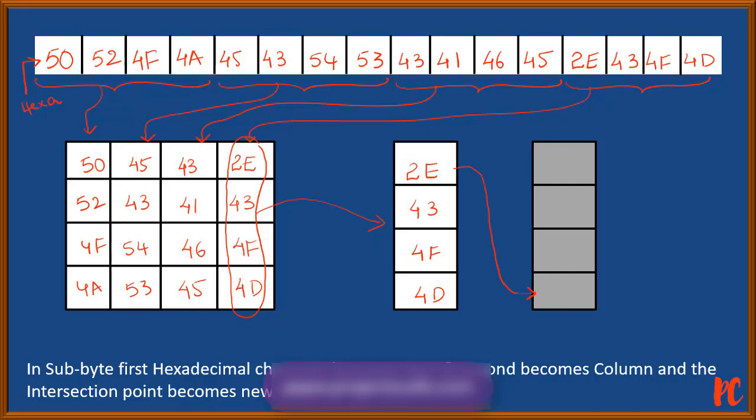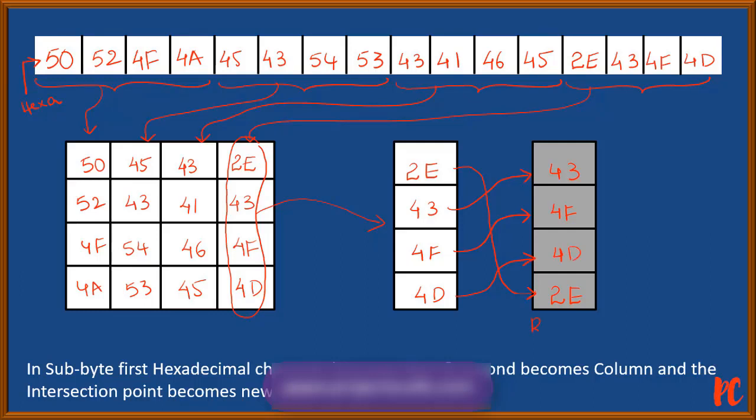Here this would be 2E, and the second row will act as the first row for the rotate word, which is nothing but 43. The third row will act as the second row, 4F, and the first one will act as the last row, nothing but 4D.